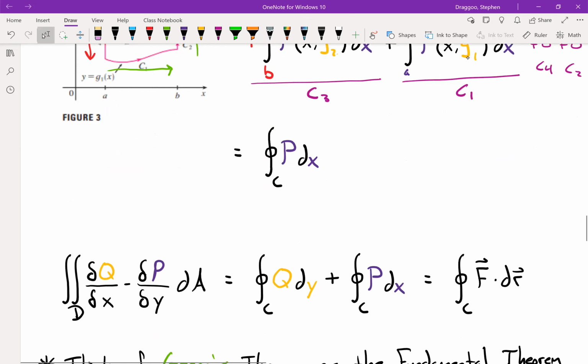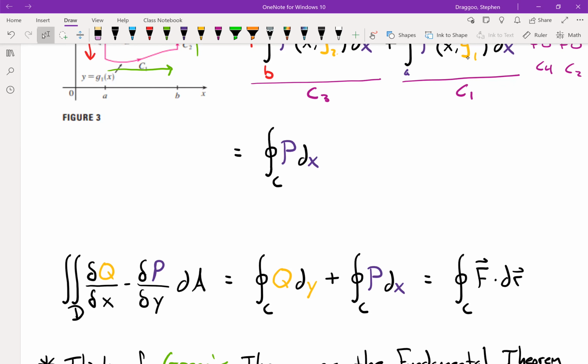So if we bring this thing back around, and if you'll just let me kind of wave my hands and say that I promise if you do Q, you're going to get the same thing. We'll say that that double integral over the region D of the two opposite partial derivatives of Q and P, which were the components of our vector function F, we end up getting a line integral of Q dy plus a line integral of P dx.